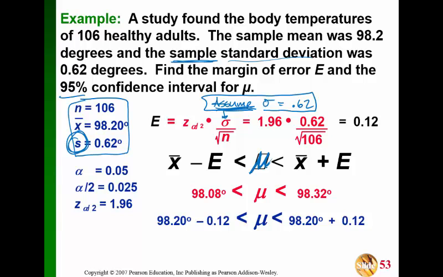So for 95% confidence, you have your critical value to be 1.96 again. And now that we are assuming sigma is equal to 0.62, and we know that the sample size is 106, our margin of error formula gives us 0.12. From there, you just take 0.12 and add and subtract it from your 98.2, and this is your final answer.